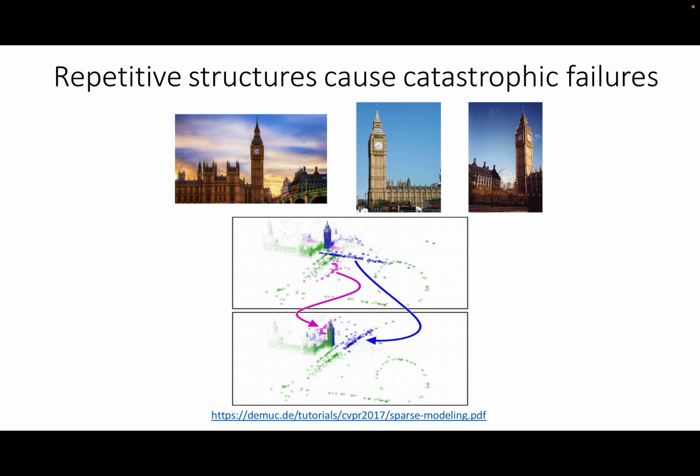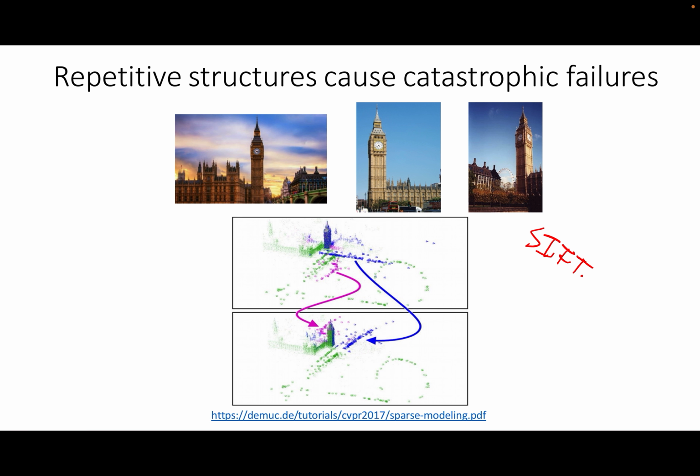So the first one is about matching. If the structure has repetitive patterns, they might make image matching not very good. We've actually learned this in SIFT, right? SIFT is a local patch-based feature extraction, right?